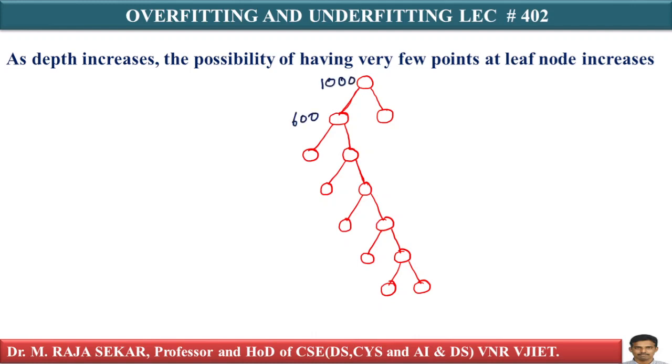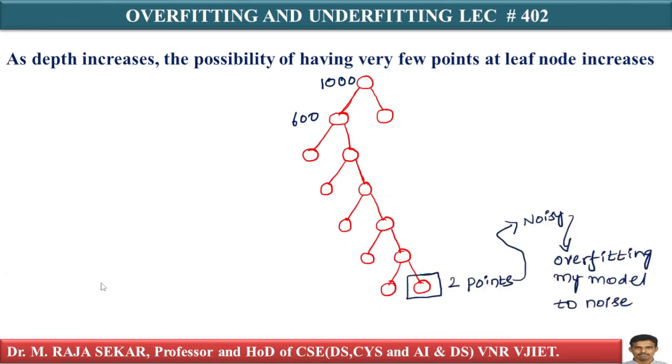Let's assume I have 1000 points at this position, and let's assume 600 points here. If I have a very deep tree, what could happen here? I may just have 2 points here. Literally very few points.